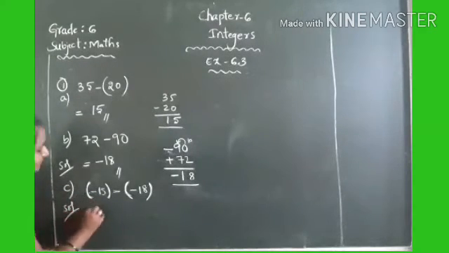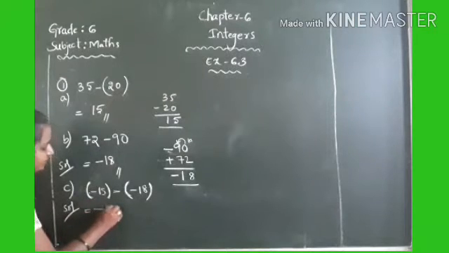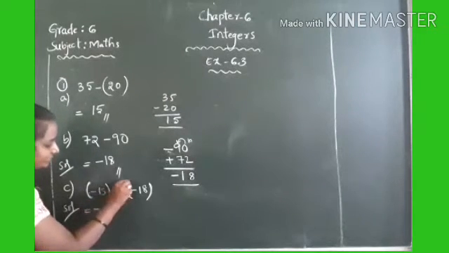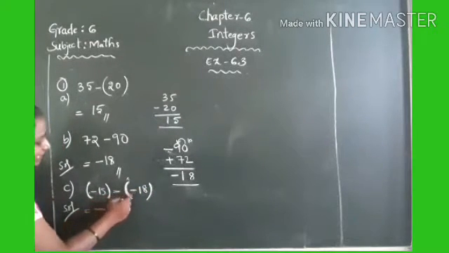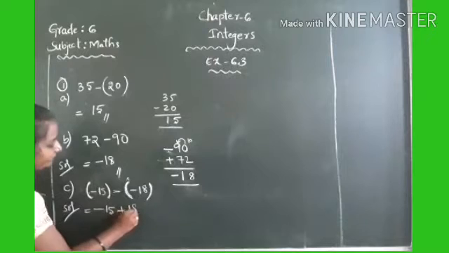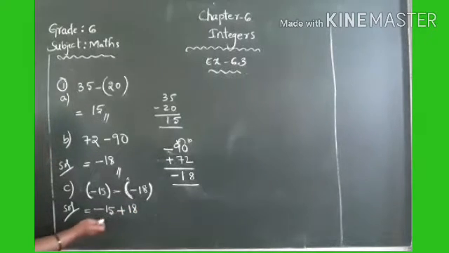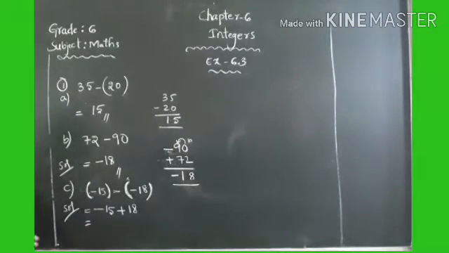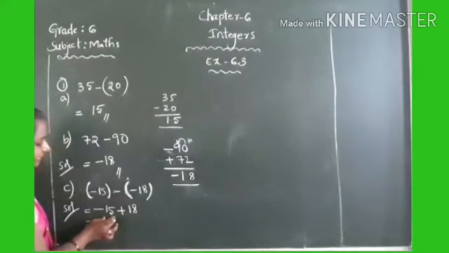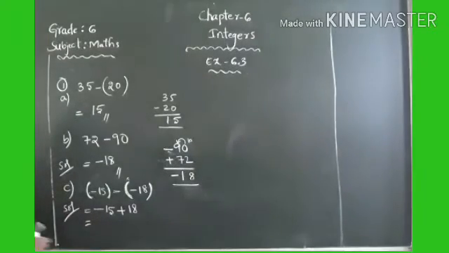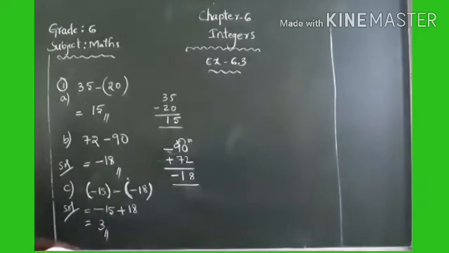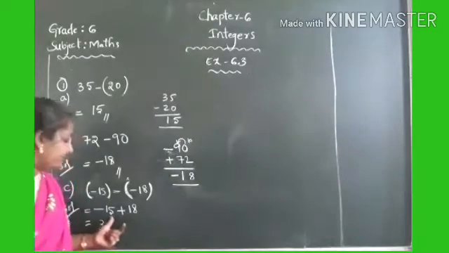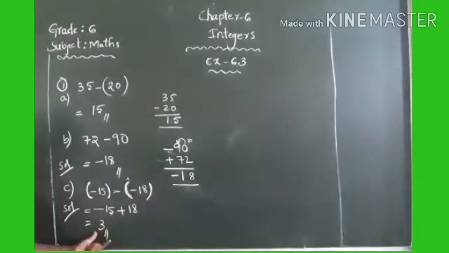Plus into minus, minus 15. Here, minus, this bracket you have to consider as into. Minus into minus, plus 18. Now subtract: minus 15 plus 18, you have to do subtraction. 18 minus 15, how much? Yes, 3. After subtracting 18 minus 15, it gives 3.